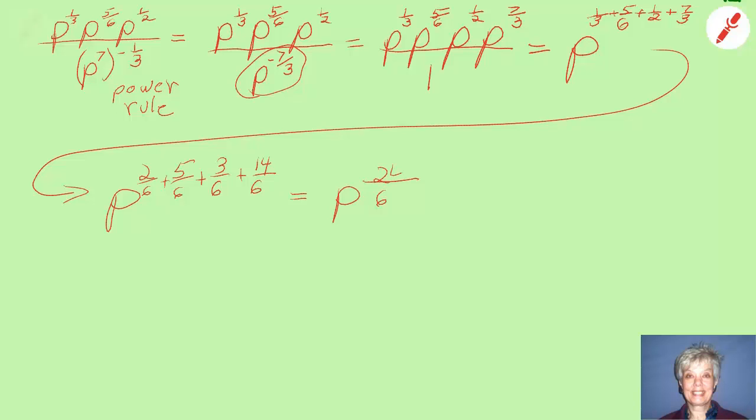I'll have p to the 24 over 6 power, which is going to be the same as p to the 4th power. And there's my answer, p to the 4th power.